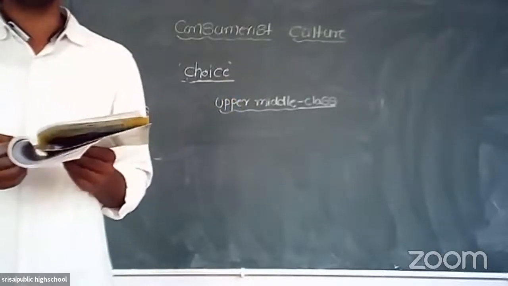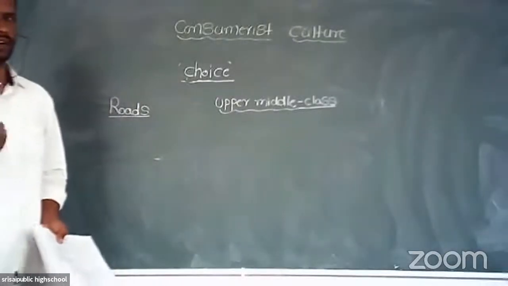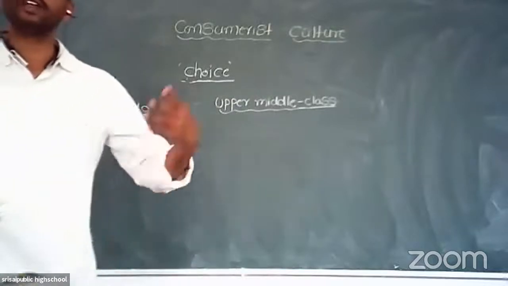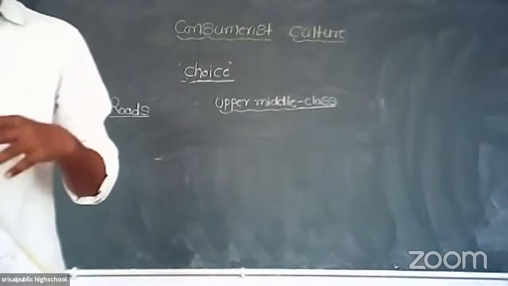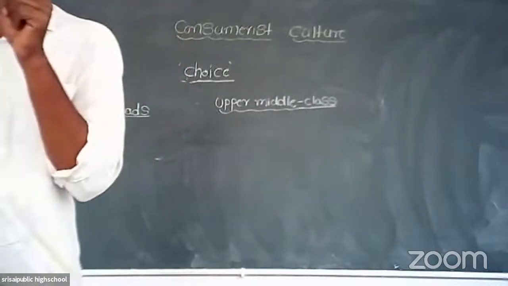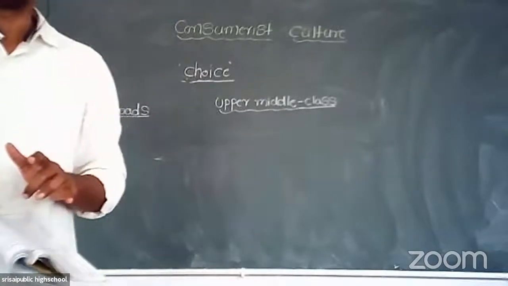Is it a sign of our development? We are using iPhones. Is it development? Because even the network is not proper, but we are using iPhones. So that will not symbolize our development. That is what Cherian tries to explain here.